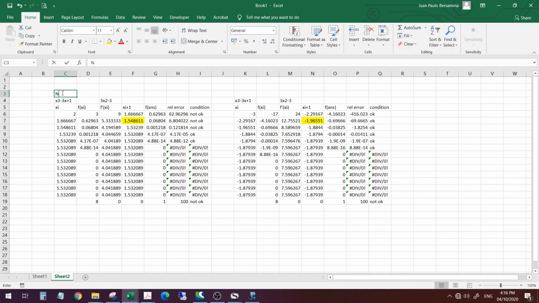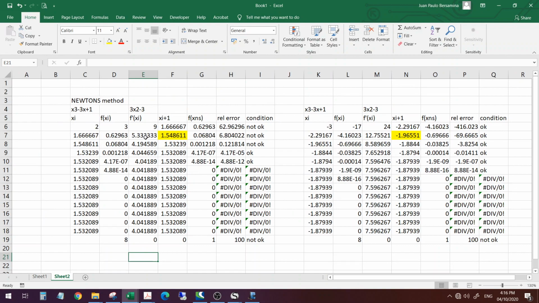So this is Newton's method. Remember, for Newton's method, we set up xi, the f of xi, of course the derivative, because Newton's method uses the slope, and then the formula for xi plus 1, which we discussed last time, and then of course another column for the relative error.